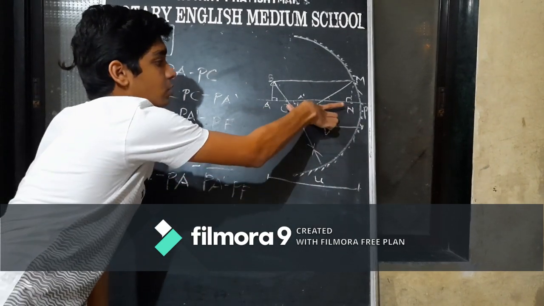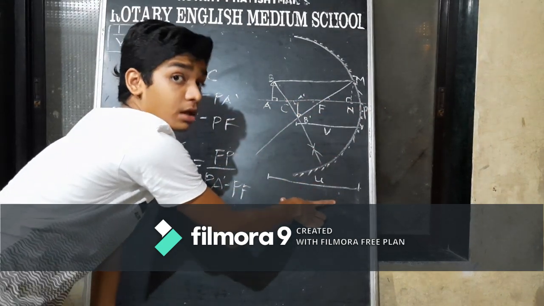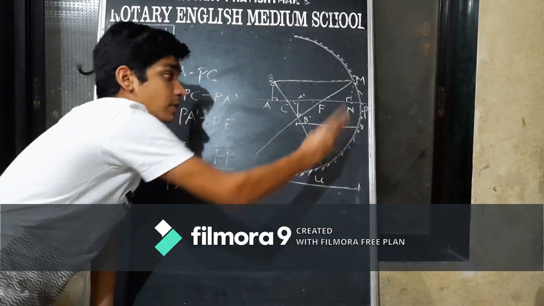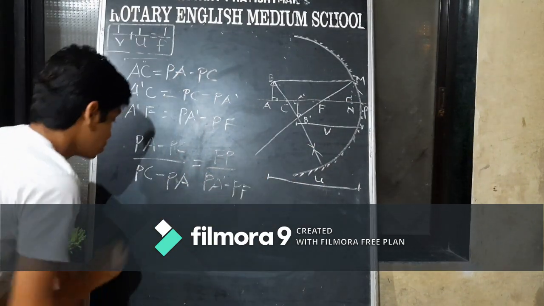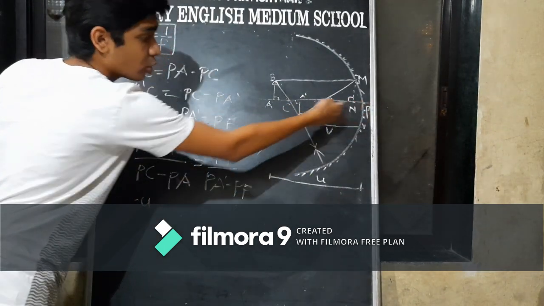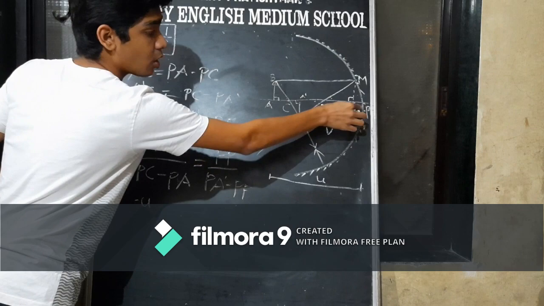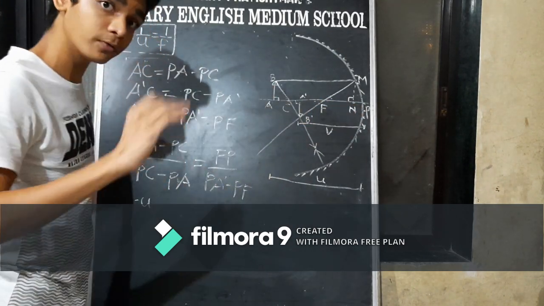PA is the object distance. So object distance with the sign convention will be negative of U, so minus U. PC is the whole radius, which is double the focal length, and with the sign convention it will be minus 2f.